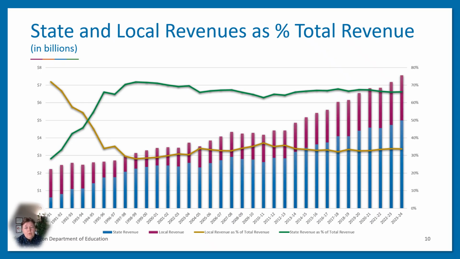And due to that, the state also had to change how they funded schools because they knew that it would continue to be more expensive to operate school districts each year, and that inflation might outpace that 3% growth in property taxes. And so that's when the state school fund and the equalization formula were implemented. And that's why you see that flip from 1/3 state and 2/3 local to now 2/3 state and 1/3 local.